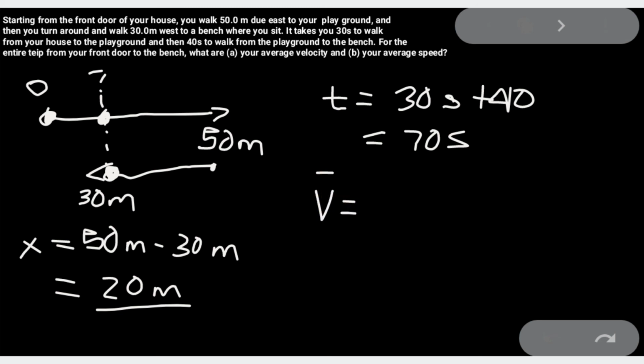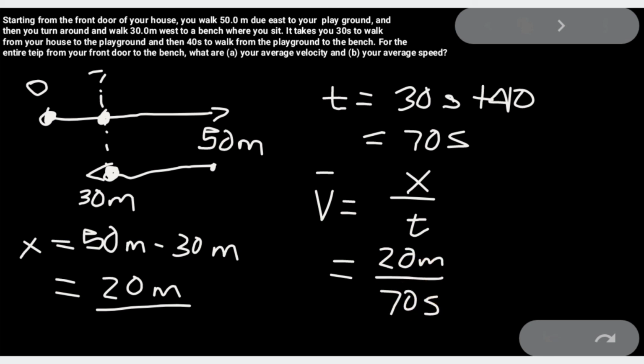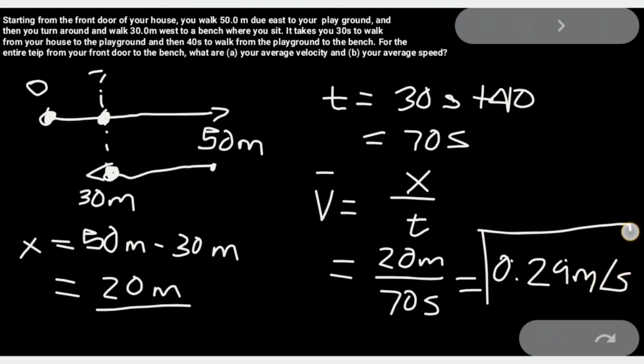The average velocity is equal to displacement over time. So we have now 20 meter divided by 70 seconds, which is 0.29 meter per second. So that is the average velocity.